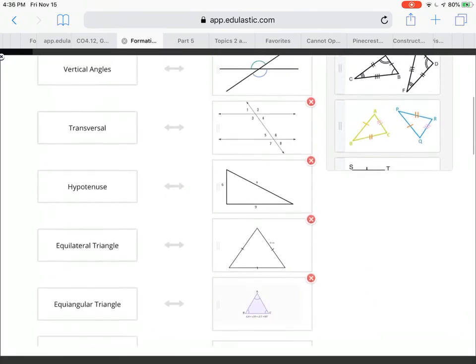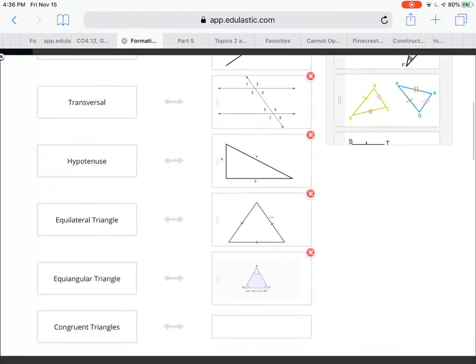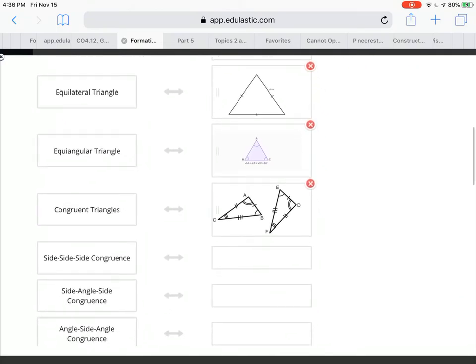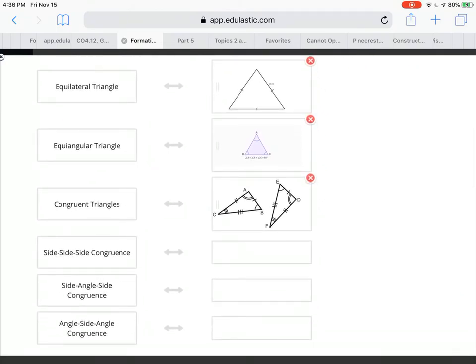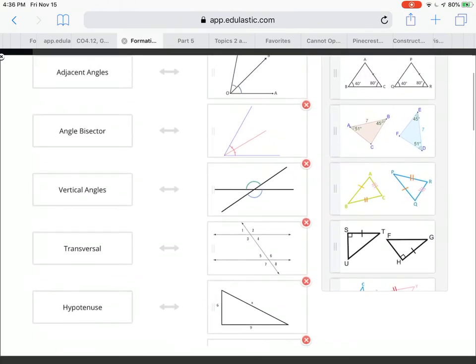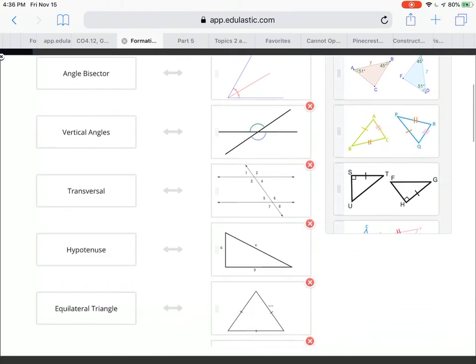So let's see if I can manage to bring this down here. Okay. Side, side, side congruence. That's the fact that when you know that the 3 sides of a triangle are congruent, then that implies that all 6 parts of the 2 triangles are congruent. So that would be this colorful picture here.